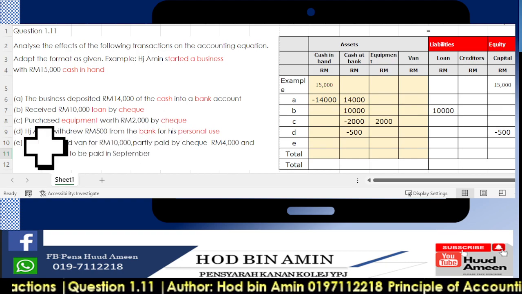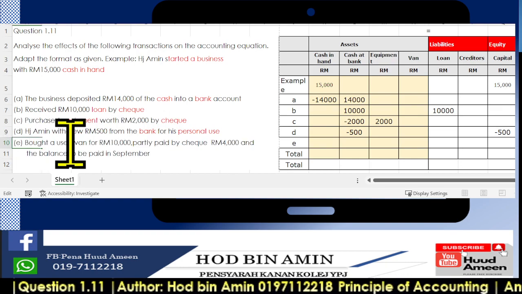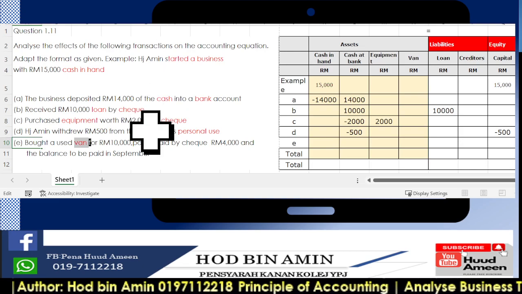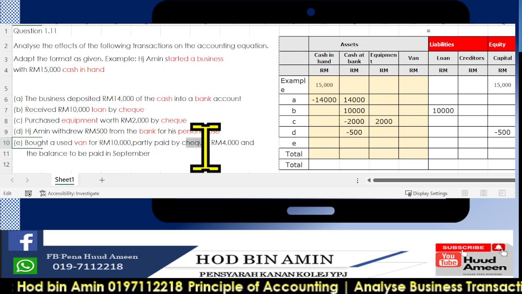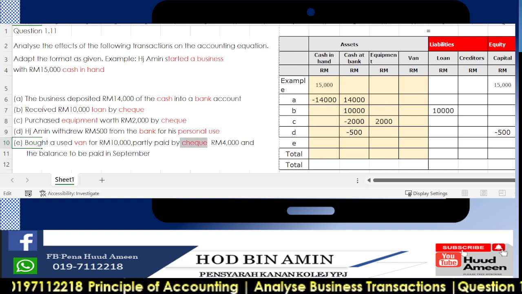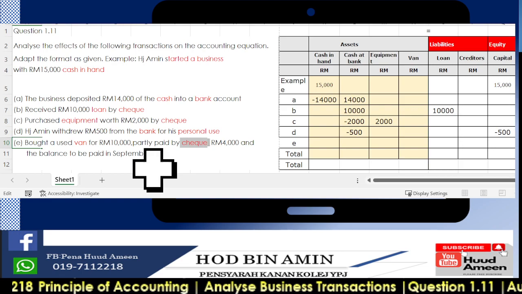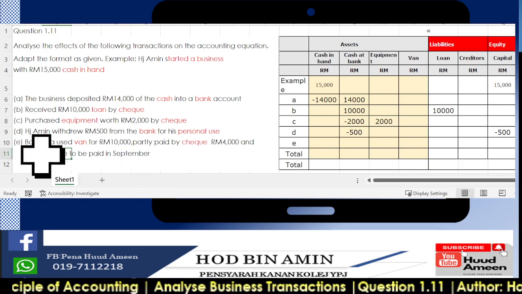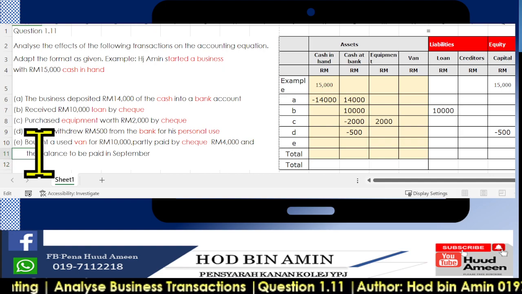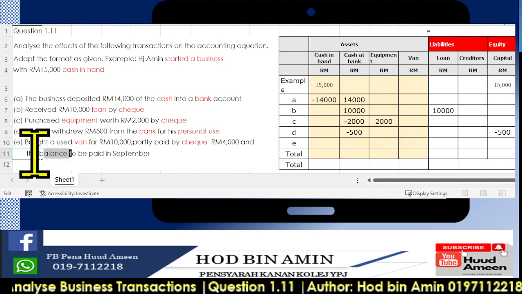Okay, E, last but not least. This is a van. We have three accounts involved here. Partly paid by check, and the balance to be paid in September. So the balance you consider as what we call we owe to somebody.